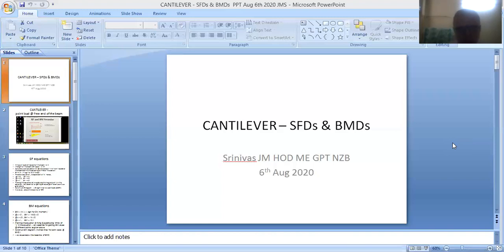Similarly, UDLs are generally expressed in newton per meter, and also in kilonewton per meter. So now we are going to prepare shear force and bending moment diagrams for point loads and UDLs acting on cantilever beams.